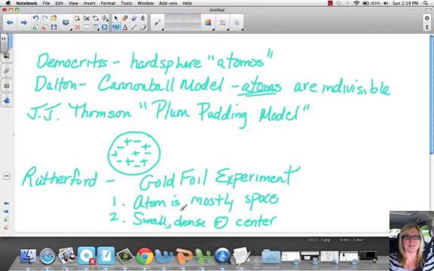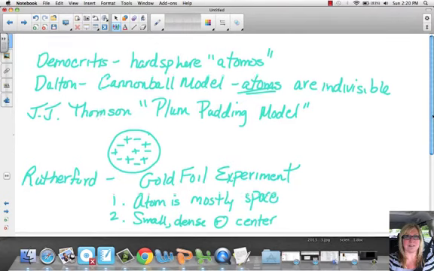And that is because the only reason why something would be deflected back was if it met something of similar charge. So alpha particles are positively charged, therefore they must have contacted something positive. They were deflected away from that positive charge.